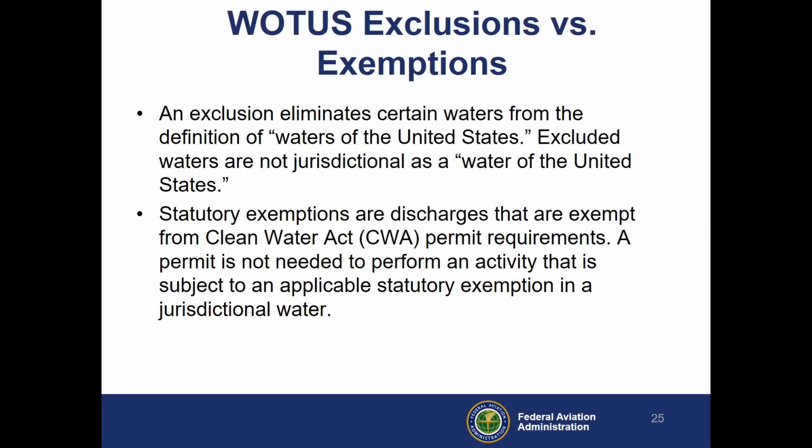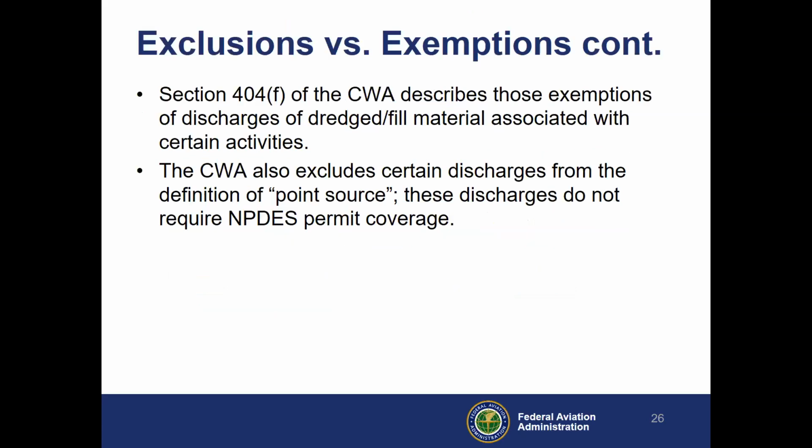There's some exclusions and exemptions to what are waters of the United States now. An exclusion eliminates certain waters from the definition of waters of the U.S. They are not jurisdictional. Statutory exemptions are discharges that are exempt from Clean Water Act permitting. Permits are not needed to perform these activities. So, Section 404(f), the Navigable Waters Protection Rule does not address activity exemptions under 404(f), including those for normal farming, ranching, and silviculture activities as part of an established operation.